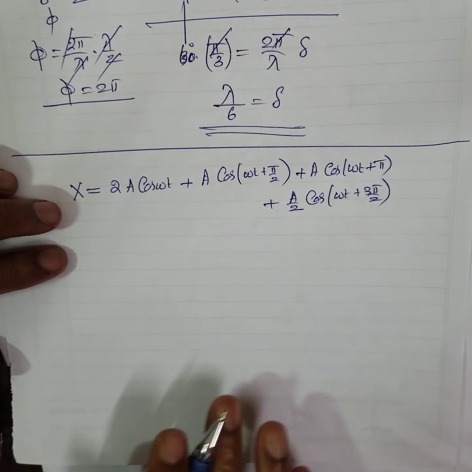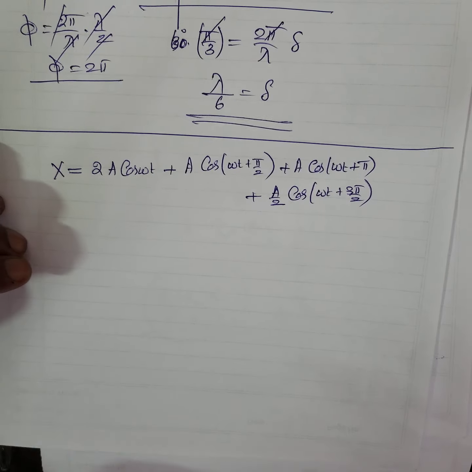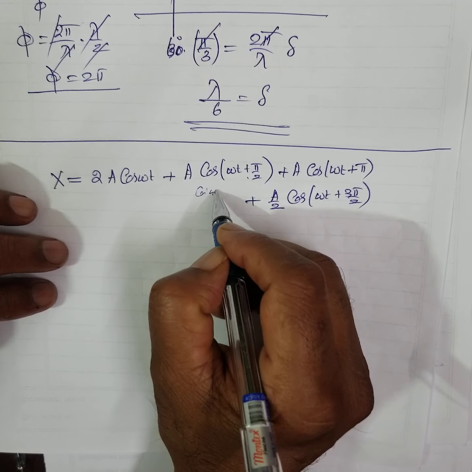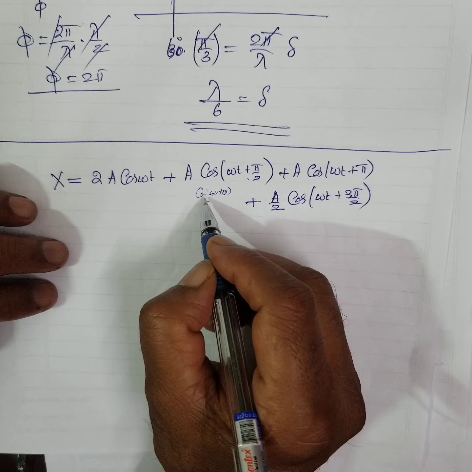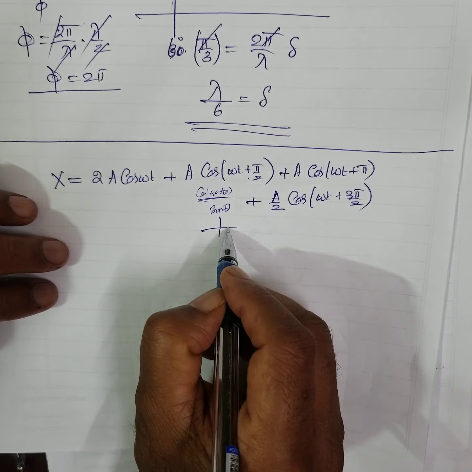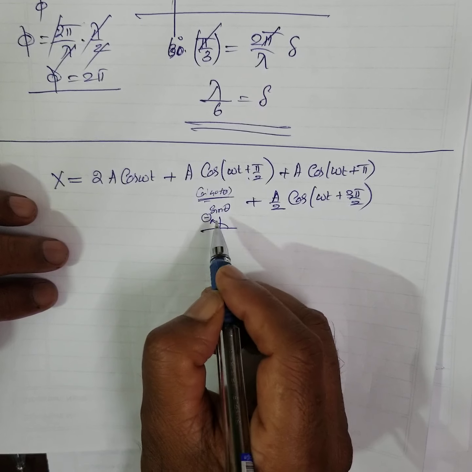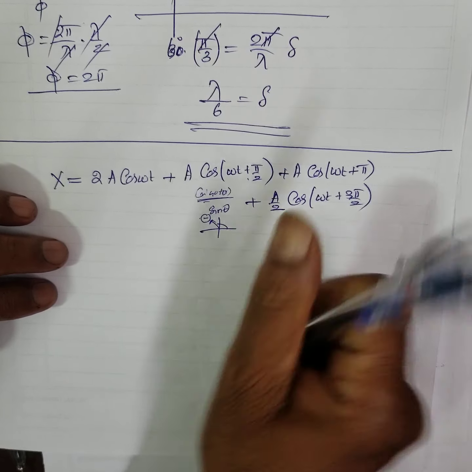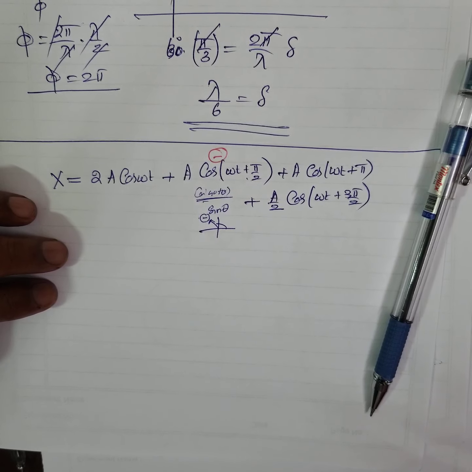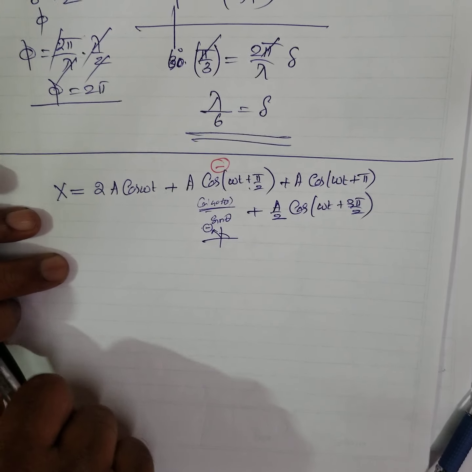Find the resultant amplitude if they ask you. How to find the resultant amplitude? Now, cos (90 plus theta) is what? It is sin theta. Which quadrant does it come in? 90 plus theta is the second quadrant, where cos is negative. Therefore, this is going to be a negative value, negative sin theta. I'll write it here. What is that?